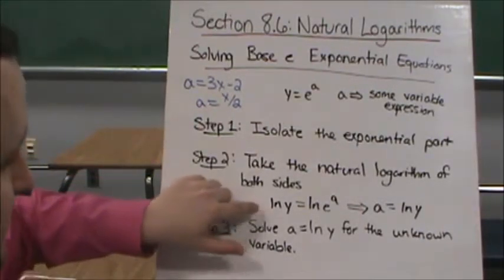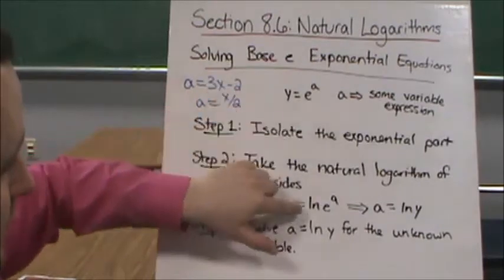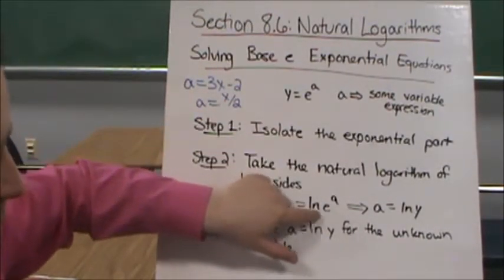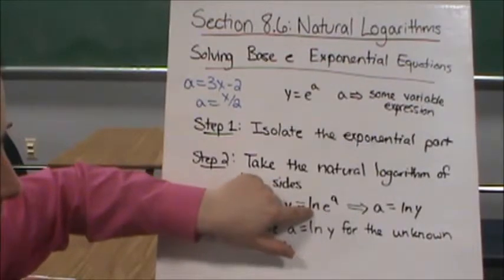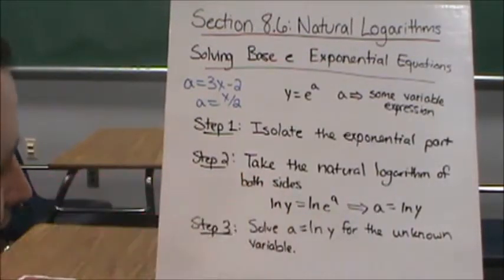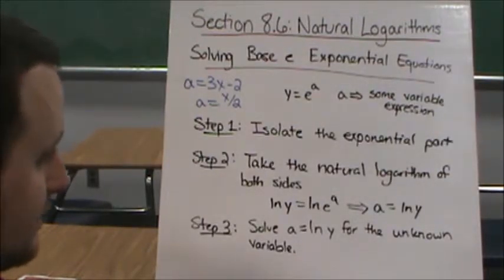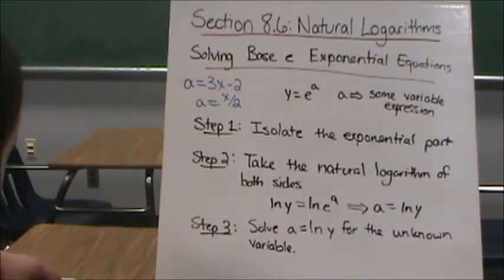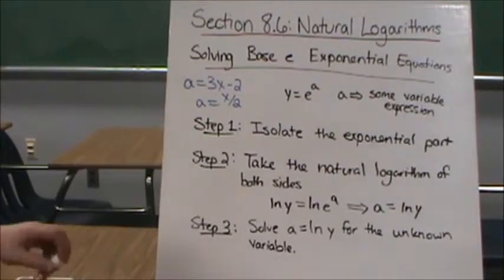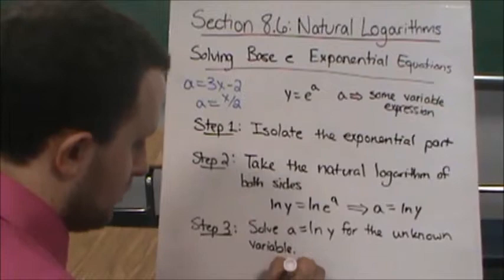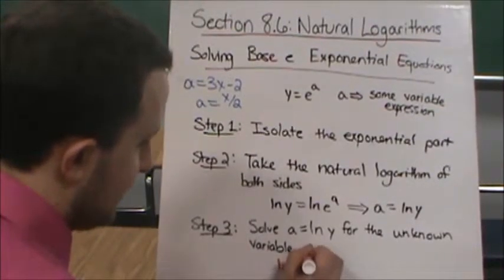So when we take the natural logarithm, we have ln of y equals ln of e to the a. Well, if you remember, logarithms and exponentials are inverses of each other, so a natural logarithm and an exponential function with base e will cancel each other out, because that ln of e to the a is really log base e of e to the a.